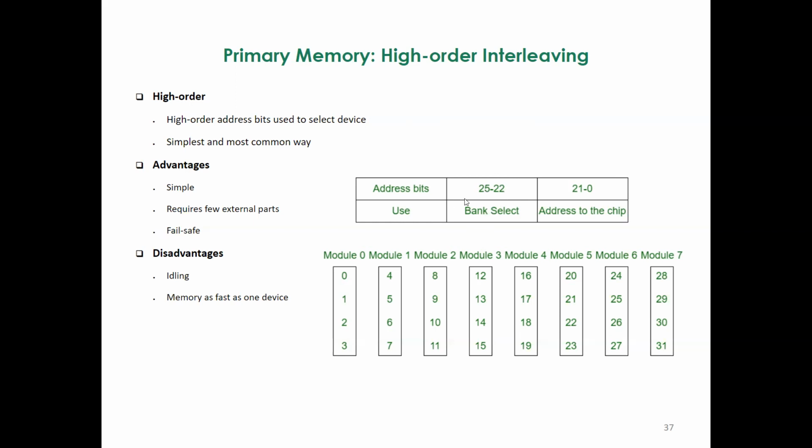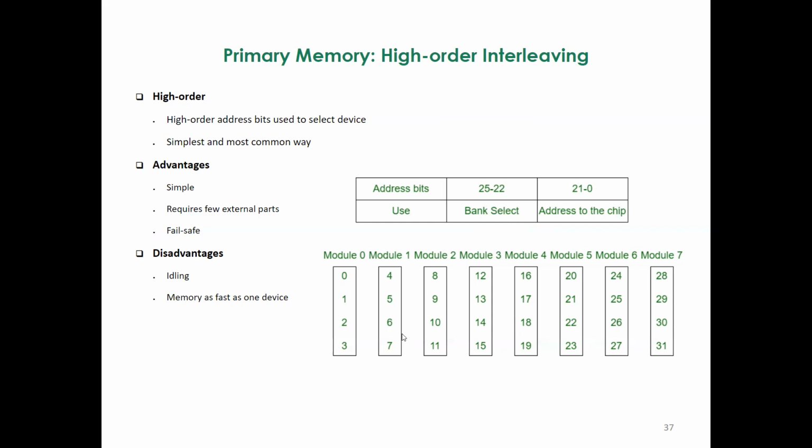Those 3 bits, the high end of your address, are used to select the bank, or the module. For example, if it's 000, then the module that we are accessing is module 0. If it's 001, then the module that we are accessing is module 1, right?